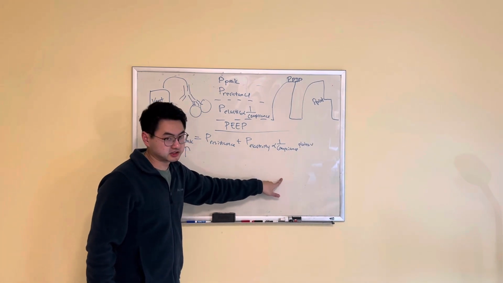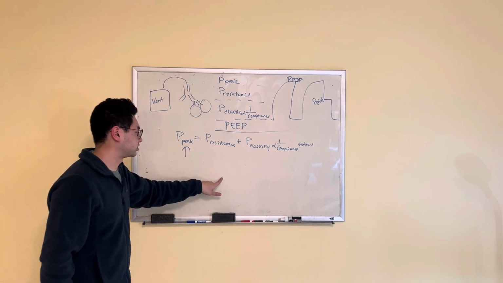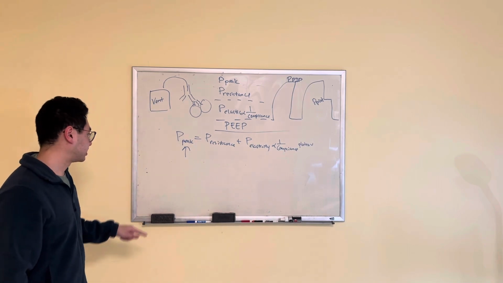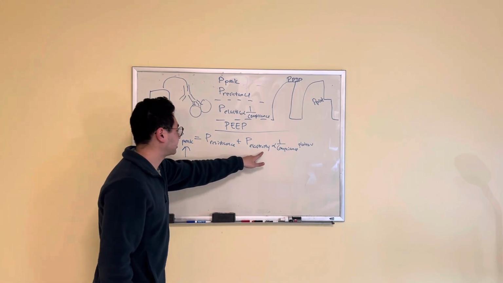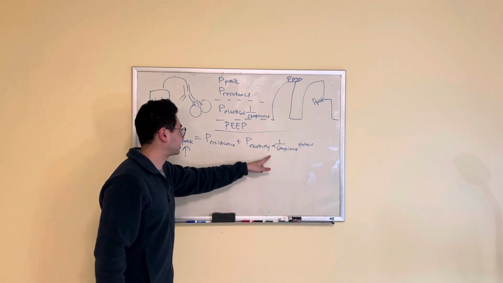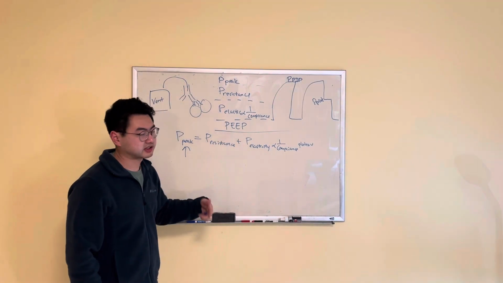However, if compliance is normal, even though we don't calculate the resistance, we assume that the resistance is elevated to make the peak pressure elevated. So essentially, we use one to tell the other.